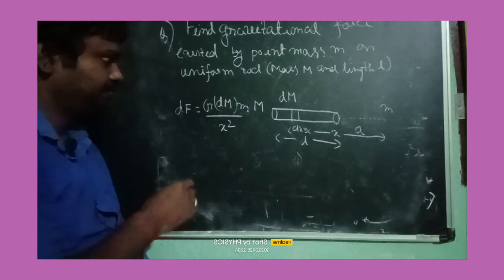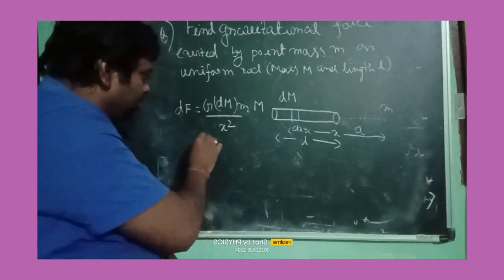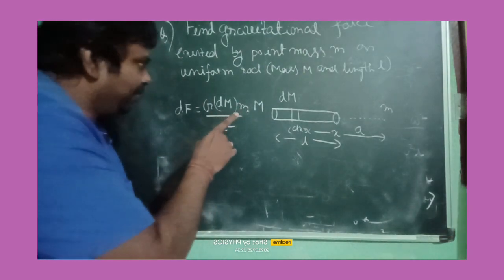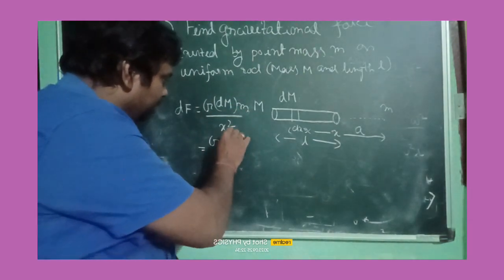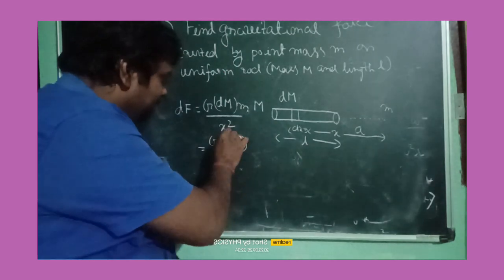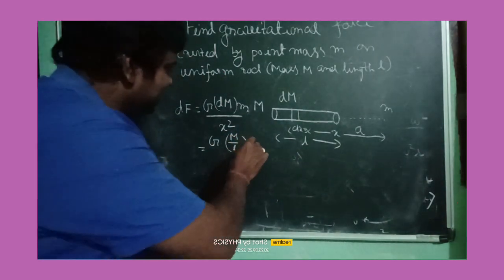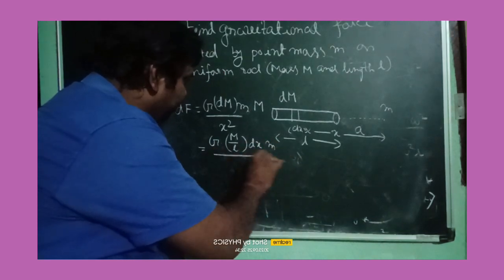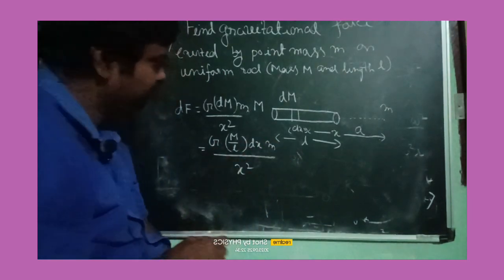Here dm is the mass of the small portion, M by l is the mass per unit length, and dx is the length, so dm is M by l dx, into small m by x square.